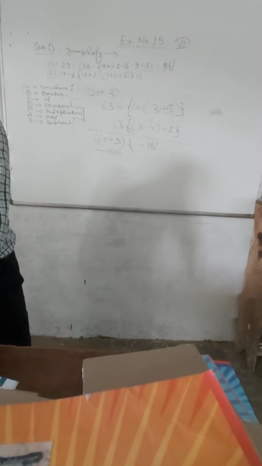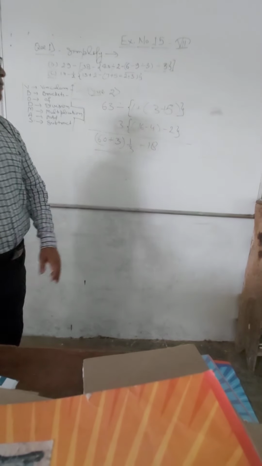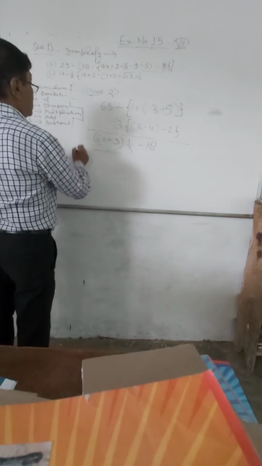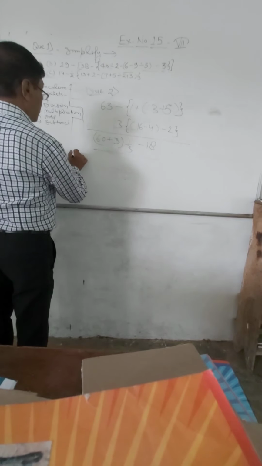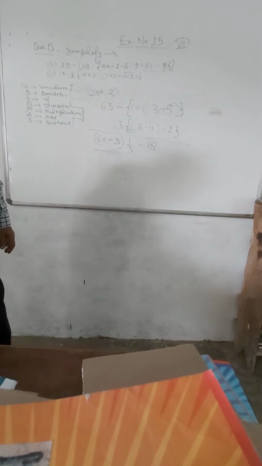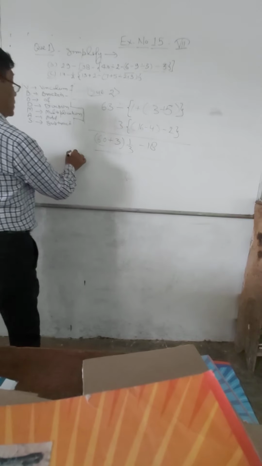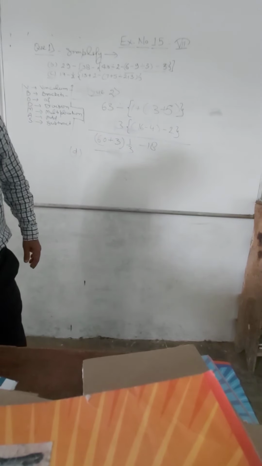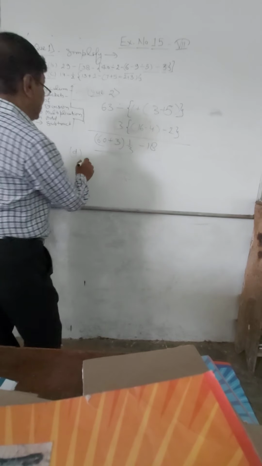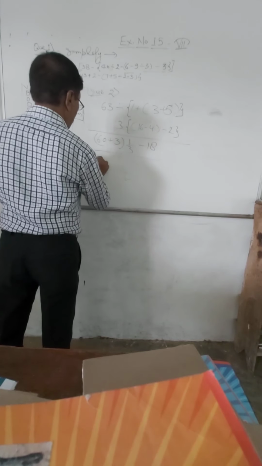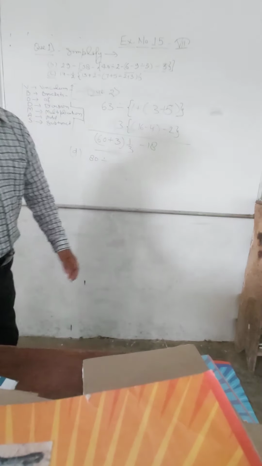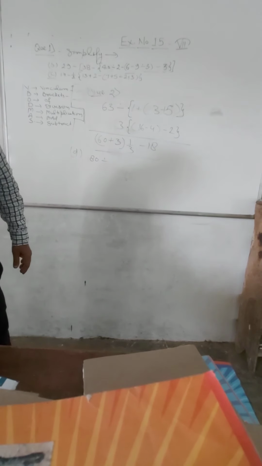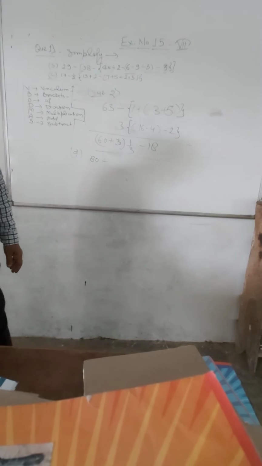Next, 80 divided by 4 times. This is the third problem, problem number D. 80 divided by what? 4 times the sum of 2 and 3.